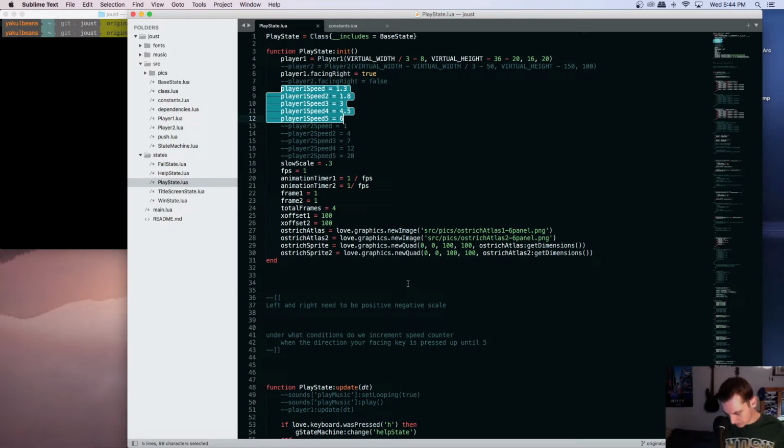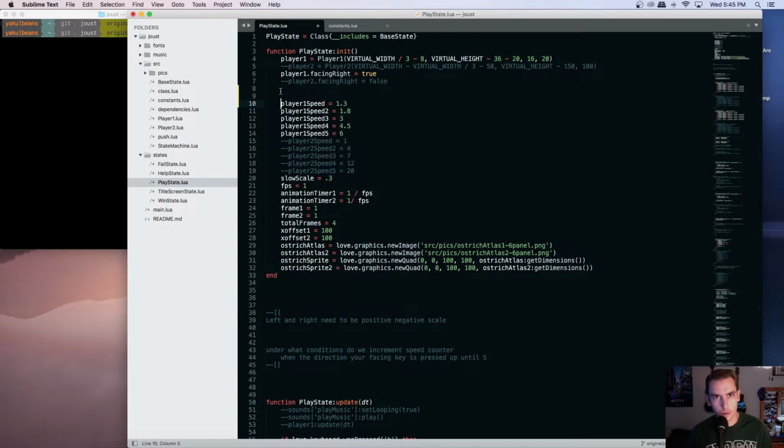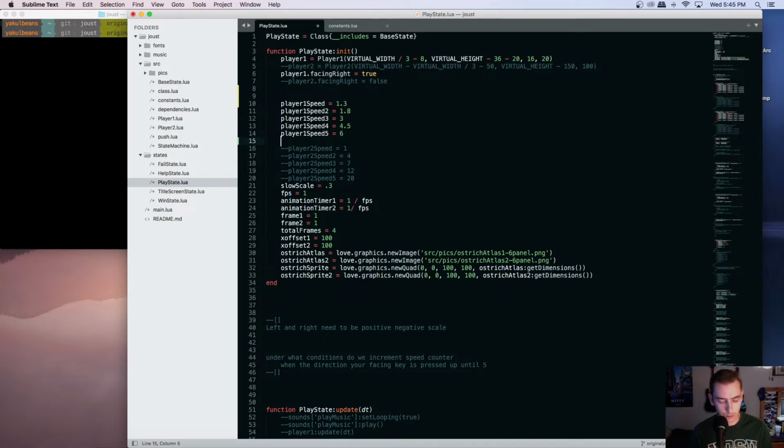So it goes up by like 0.4, then 0.4, and then 0.5, and then another 0.5-ish. I don't know. So it's almost gradual. So all of this player speed, I'm going to refactor.